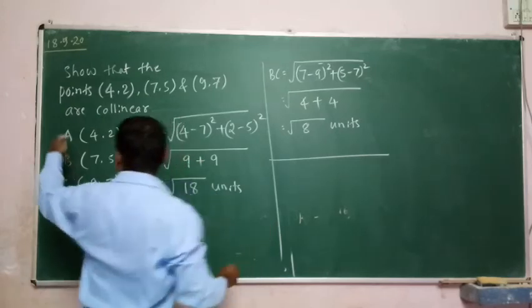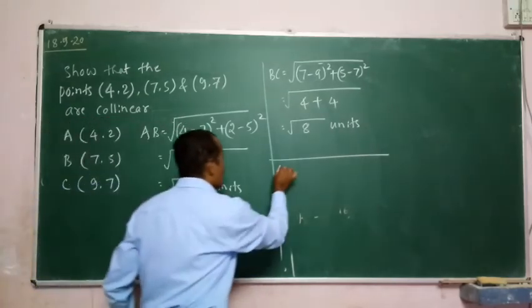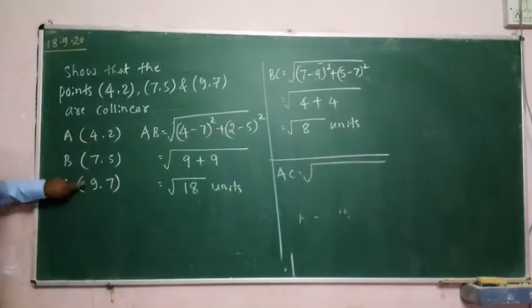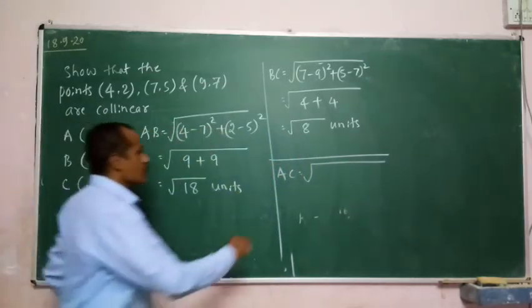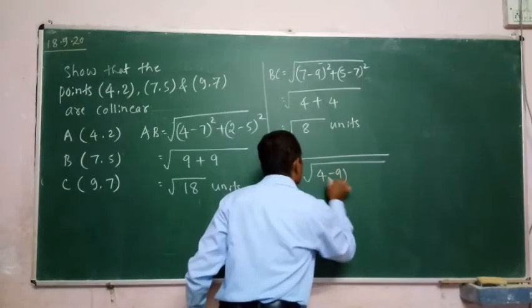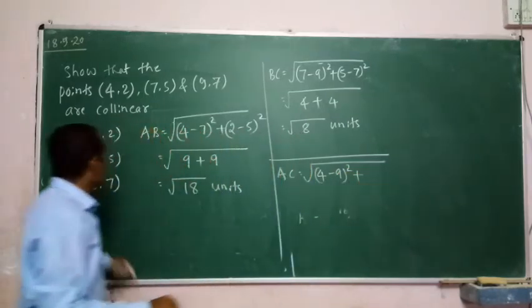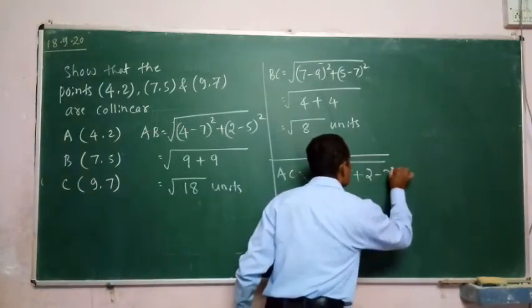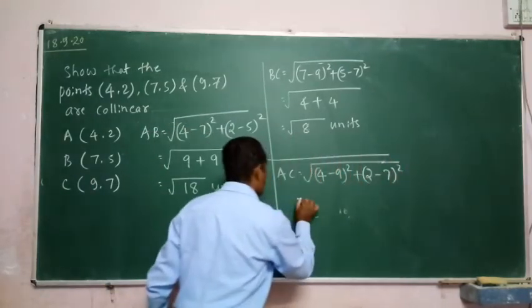What is the third? It is AC. Length of AC, we are finding under root. AC: (4 minus 9) the whole square plus (2 minus 7) the whole square. Come on.